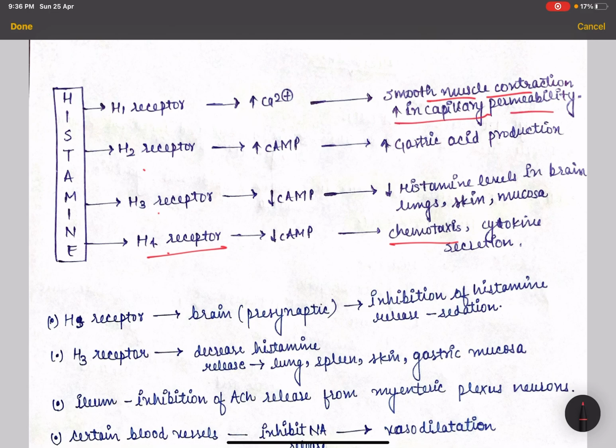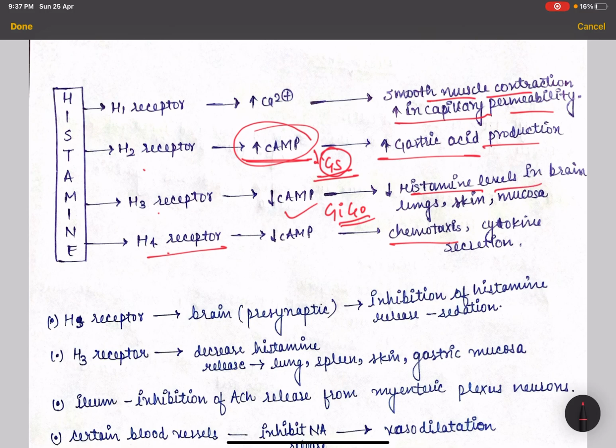H2 receptors mediate their action by increasing cyclic AMP because they are Gs type protein receptors, so they increase gastric acid production. We will discuss that in later videos in detail. And H3 receptors decrease cyclic AMP because they are Gi/Go protein linked receptors. So they decrease histamine in brain, lungs, skin and mucosa.